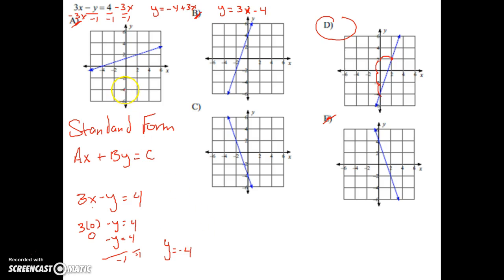Cool, so which ones have y at -4? Nope, nope, yes, yes, nope. So same process of elimination from before. Then I just plug in 0 for y, so 3x minus 0 equals 4.